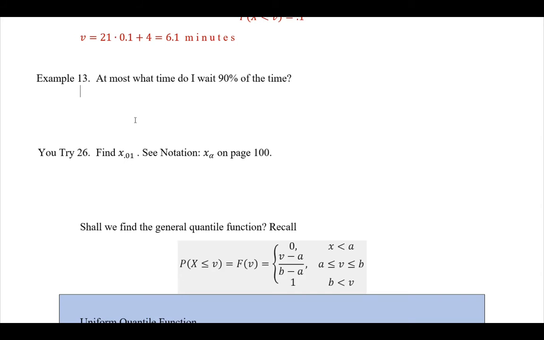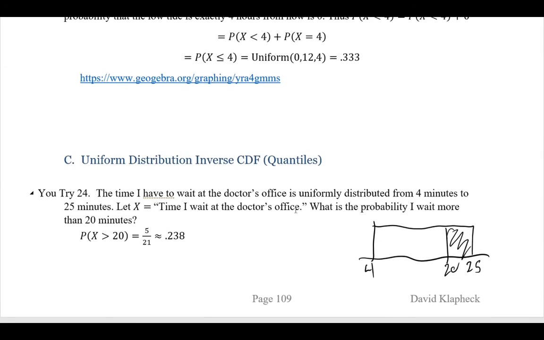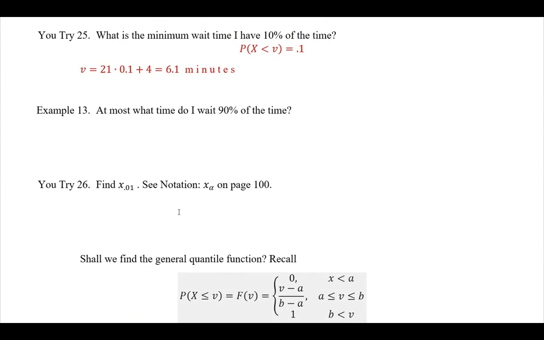At most, what time do I wait 90% of the time? If I were to just ask, what time do I wait at the very most? Well, we know that at the very most I wait 25 minutes. But 90% of the time, what's the most that I have to wait? We are now trying to find a specific value, we'll call this v, that will be the most I wait 90% of the time.